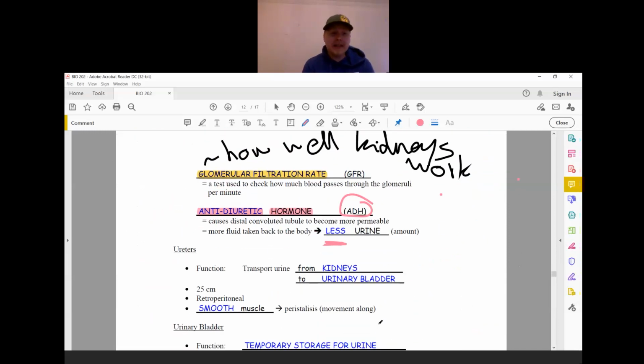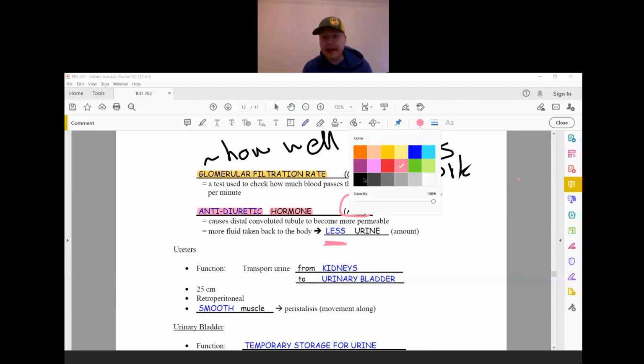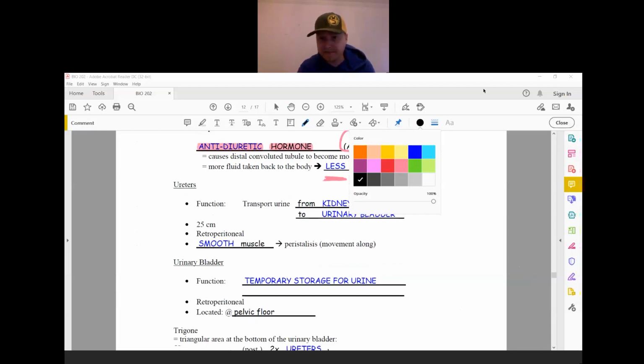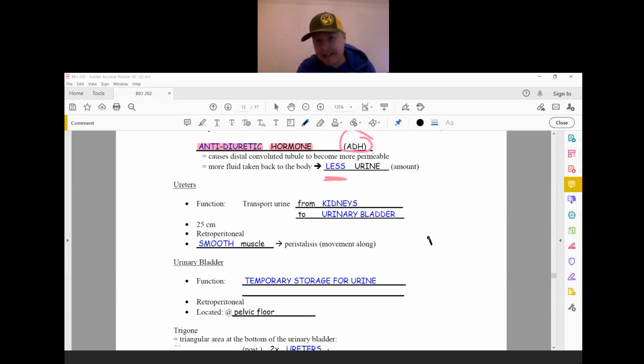Next structure that we should have a look at, and let's draw again a really quick, nice diagram. We have already talked about our kidneys, with the right kidney being lower and the left kidney being higher.